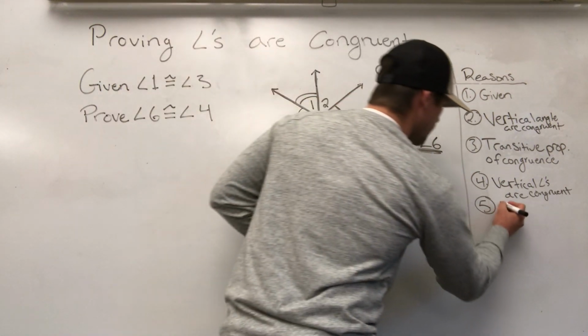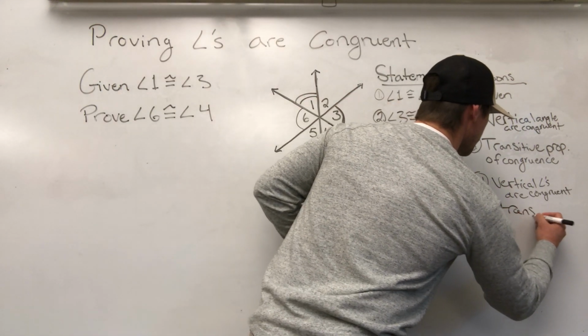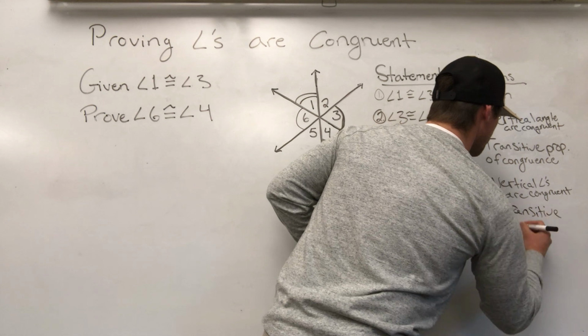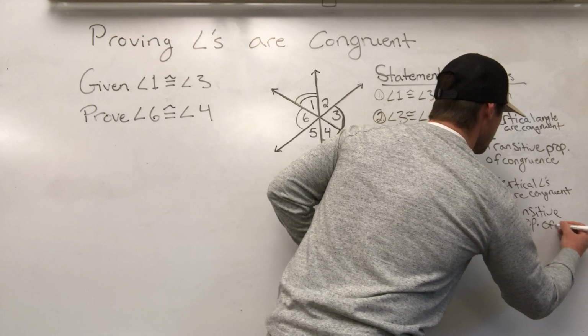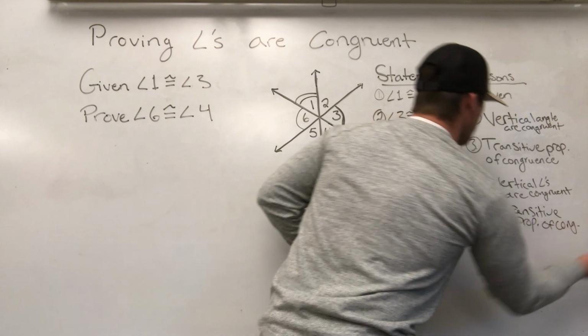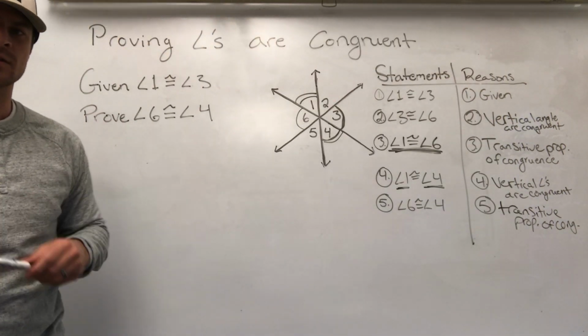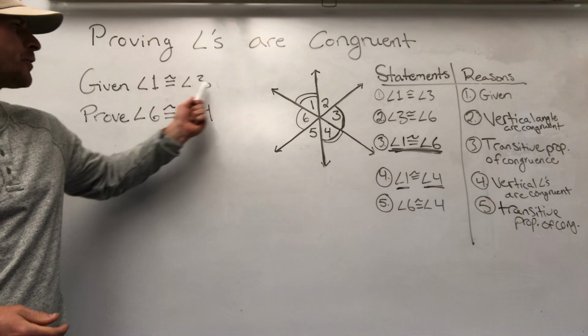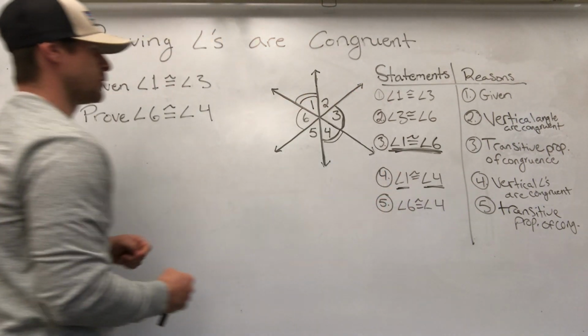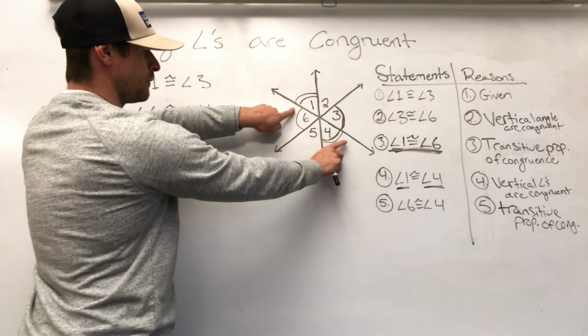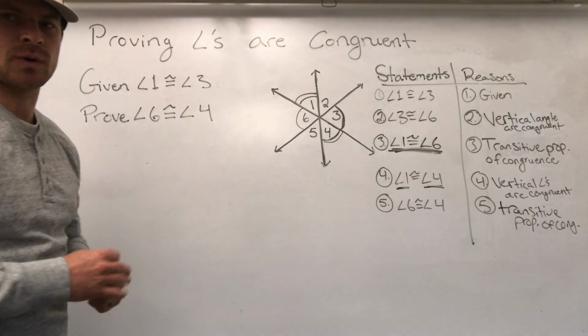So, the transitive property of congruence. All right, so given angle 1 and angle 3 are the same, we are able to go through these steps to prove that angle 6 and angle 4 are congruent as well.